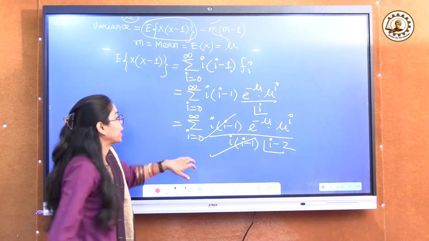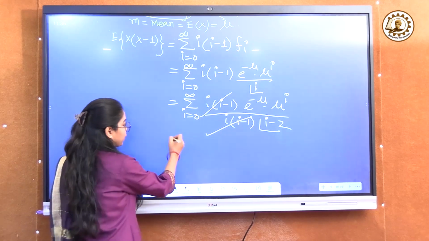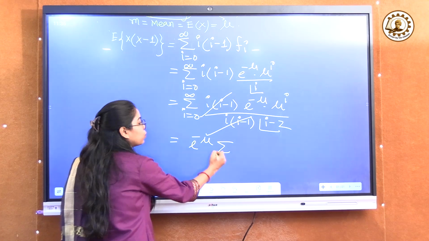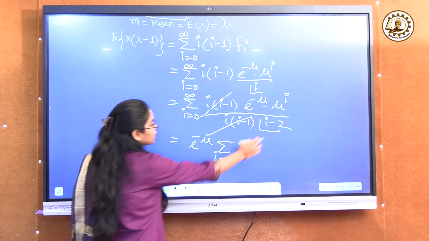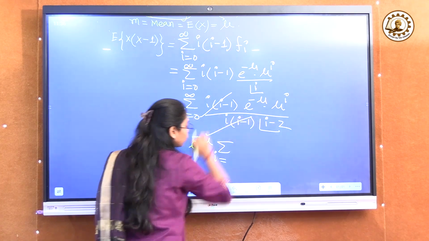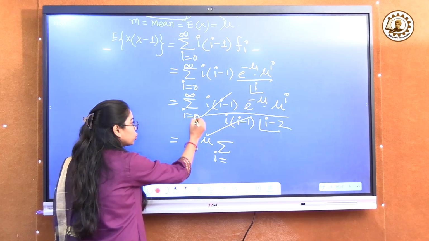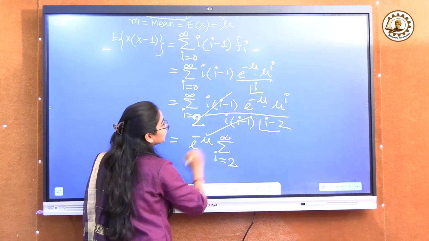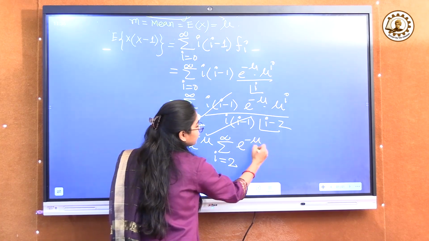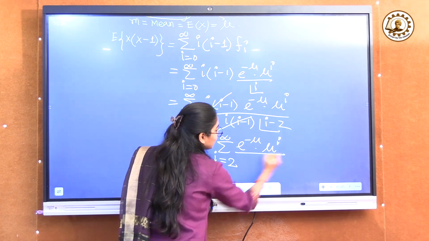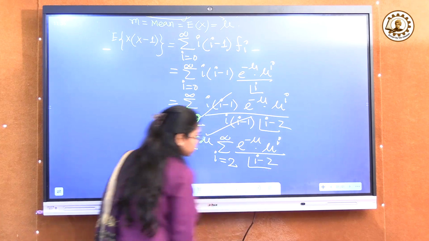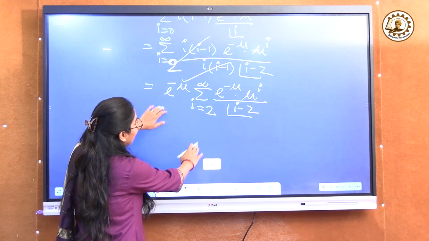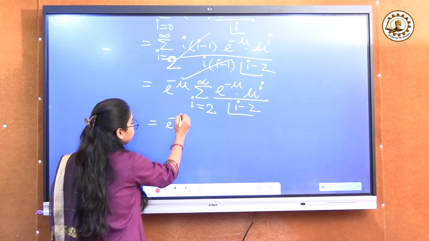So we can cancel this i into i minus 1. That is, we get e to the power minus mu. Since it is factorial i minus 2, i will be 2 to infinity, the sum of e to the power minus mu, mu to the power i by factorial i minus 2.